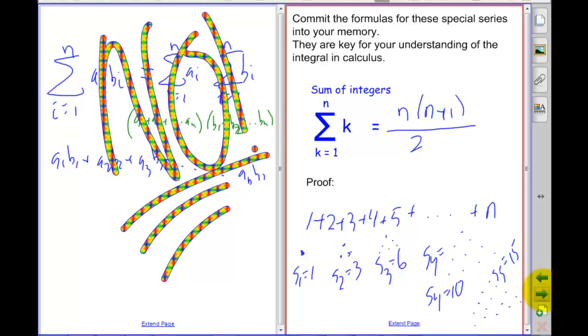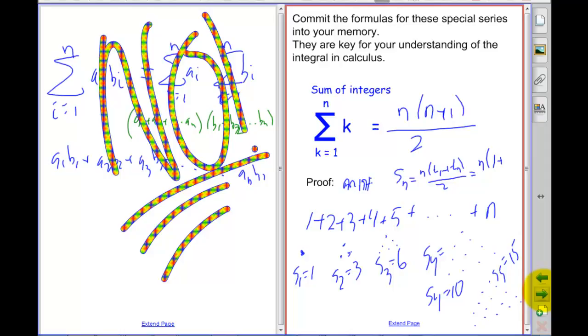Let's do our proof, though. This is clearly arithmetic, right? It's arithmetic. And so we can use our arithmetic sum formula, which is n times t sub 1 plus t sub n all over 2. How did you get your formula, Bill? Prove it. What's the first term? 1.